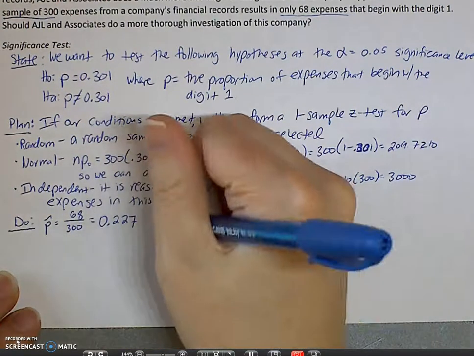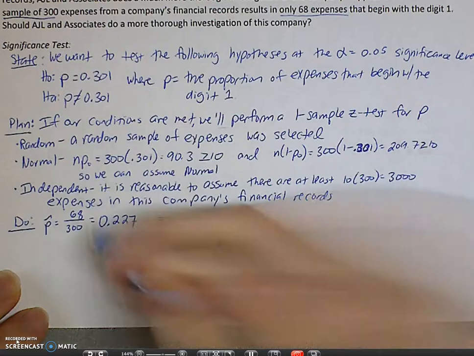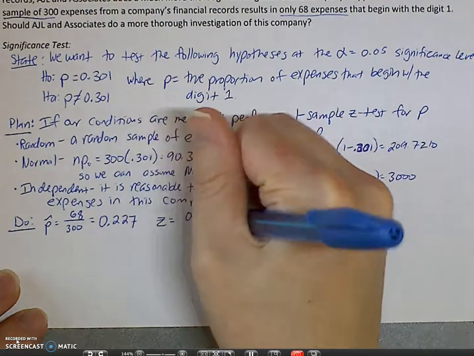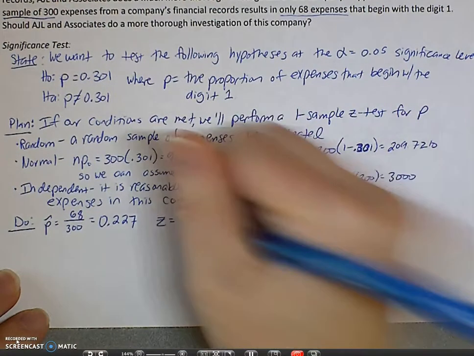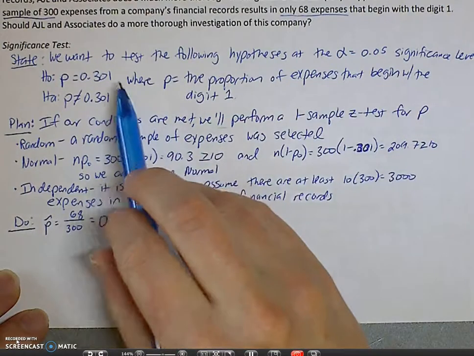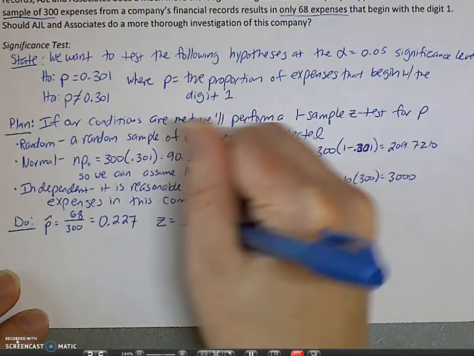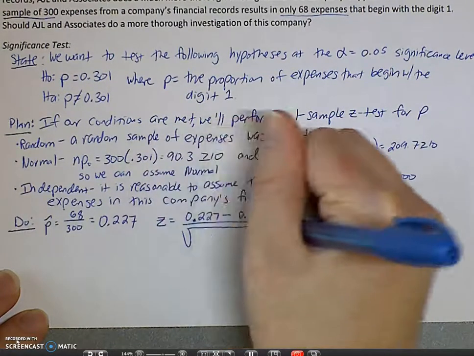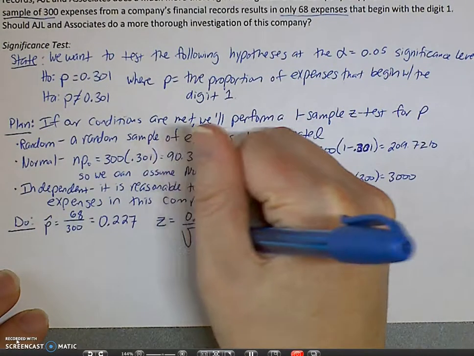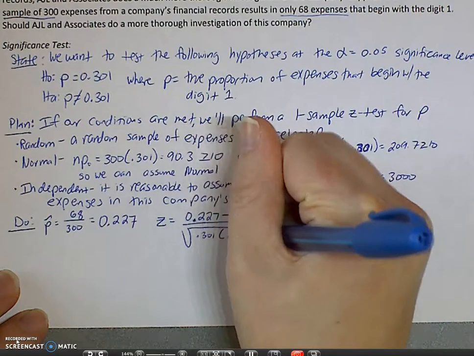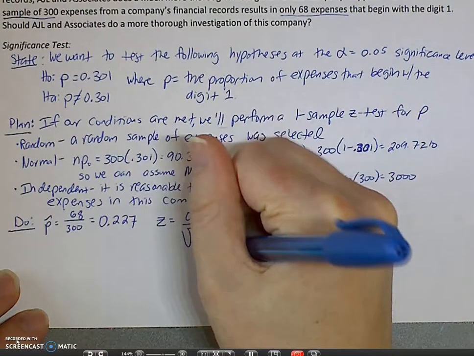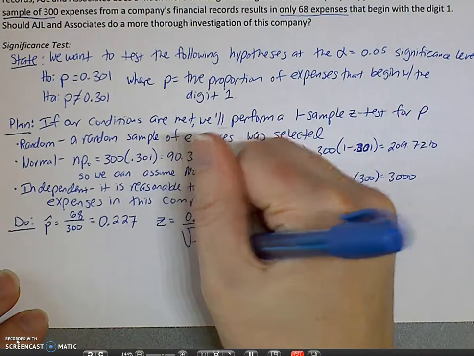So our test statistic z, you take your p-hat, 0.227, and that's the only time it's used in this whole formula. Everything else that we use comes from the claim. So 0.301, and then the standard deviation is also found by using 0.301, all over 300, not 600.